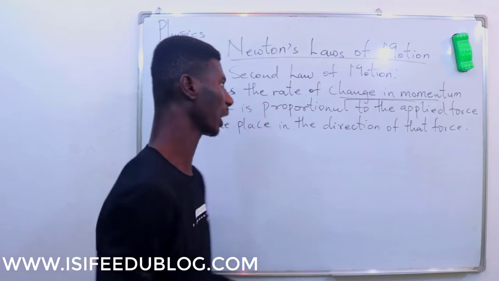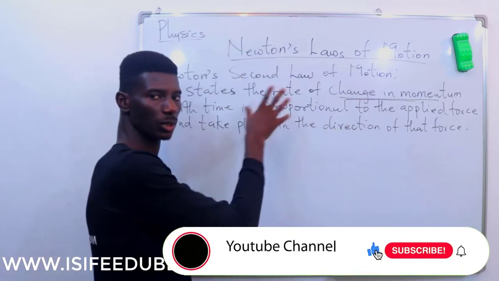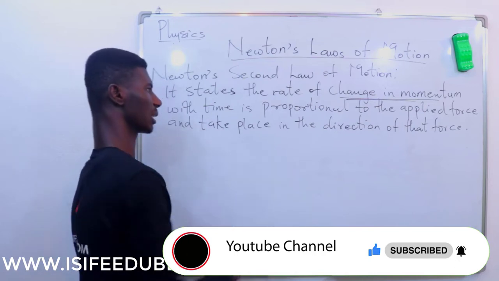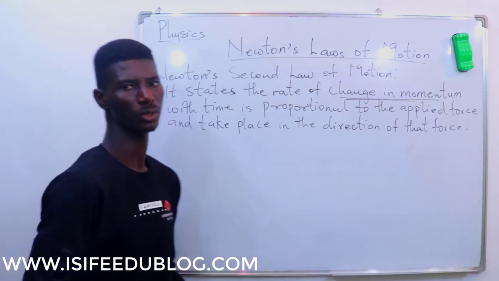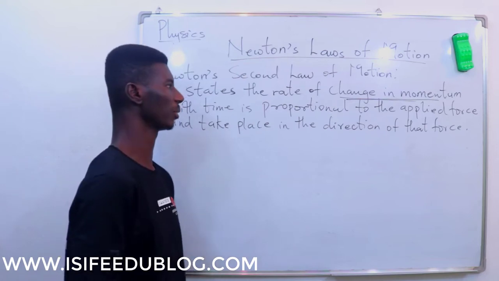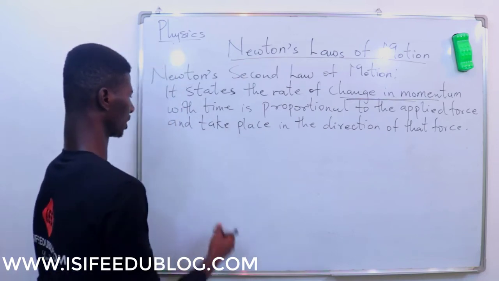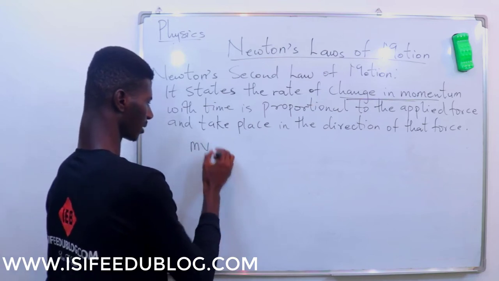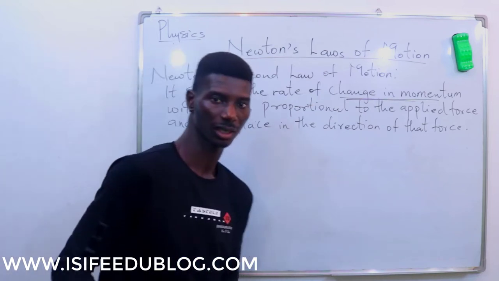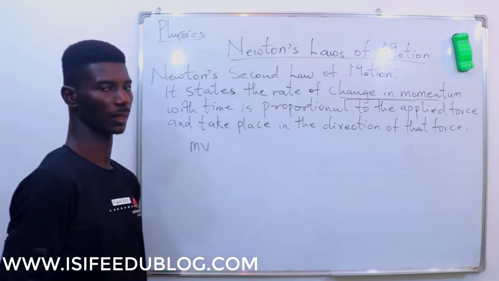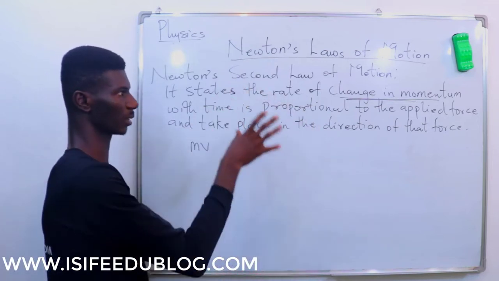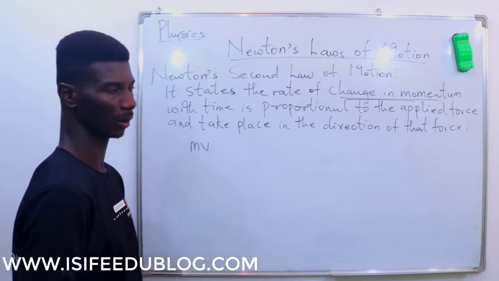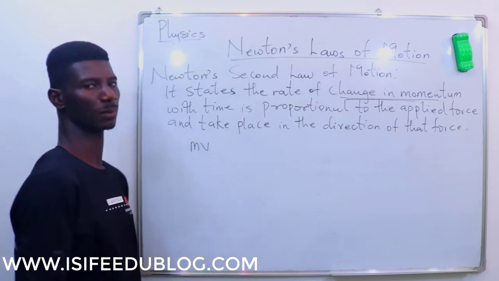So mathematically, we apply this to solve questions. Mathematically, what Newton is trying to tell us is that change in momentum. What is momentum? Momentum itself is mass times velocity. In this topic, we are going to treat momentum in full, but for now, let me just use this and explain.